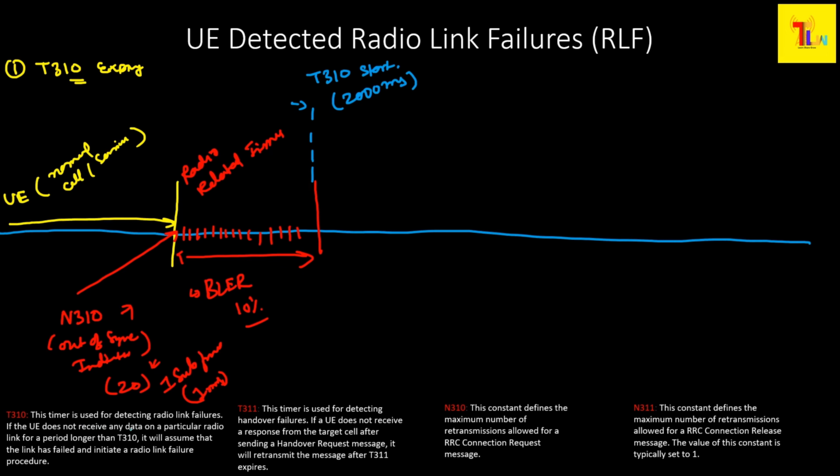So if the UE does not receive any data on the particular radio link for this T310 duration, then we can assume it as a radio link failure due to T310 expiry. Let's suppose 2000 ms is up to here. When the 2000 ms time has passed, then it will declare an RLF failure.